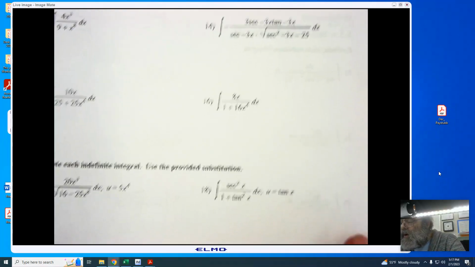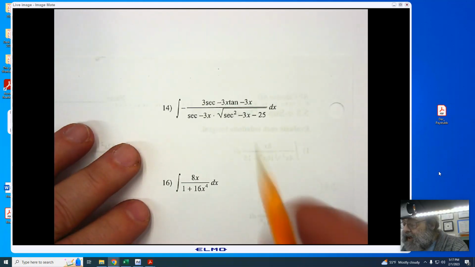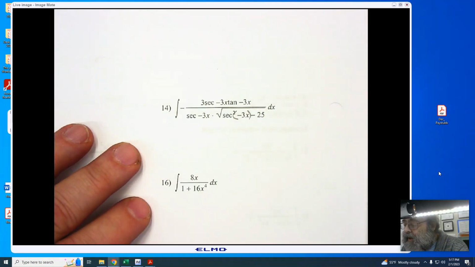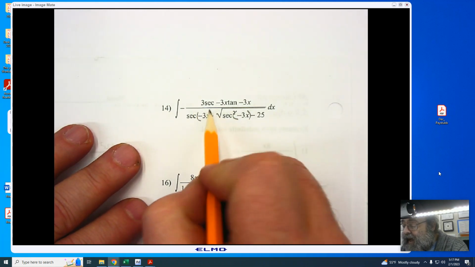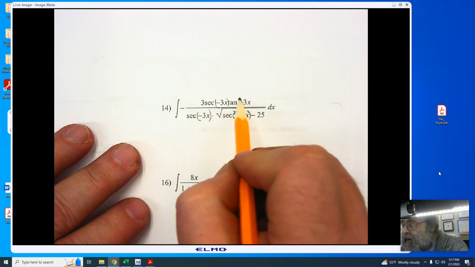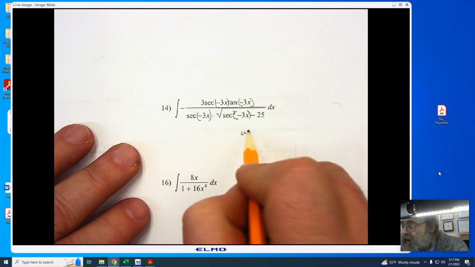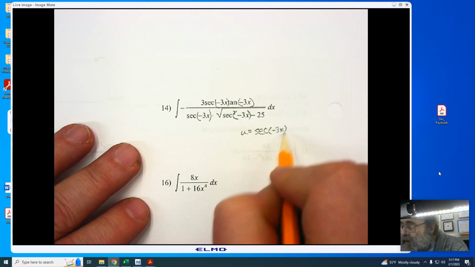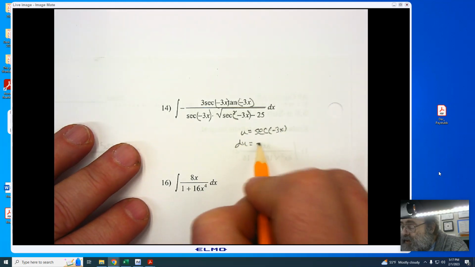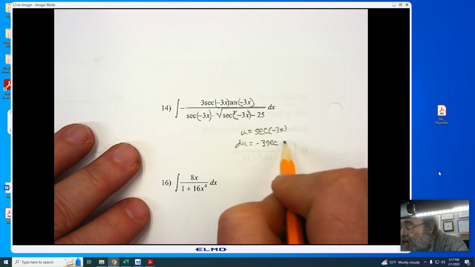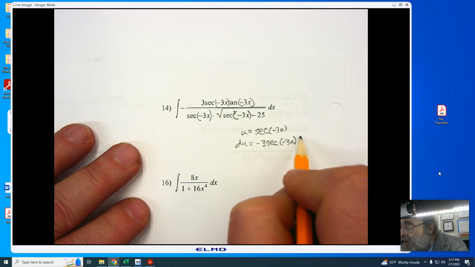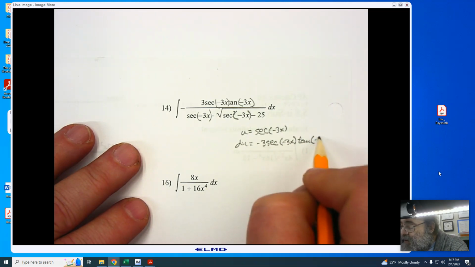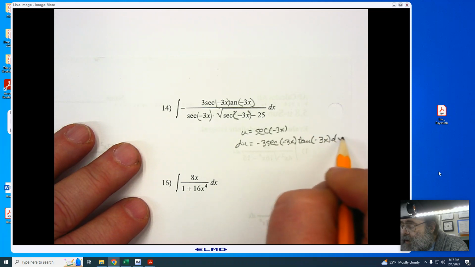Let's go ahead and continue since we're moving along quite quickly. We're going to do number 14 and then 16. Once again, they did not put parentheses around the negative 3. We need to see that. It happens over and over again. So if I let u equal the secant of negative 3x, then du is negative 3 secant of negative 3x tangent of negative 3x dx.